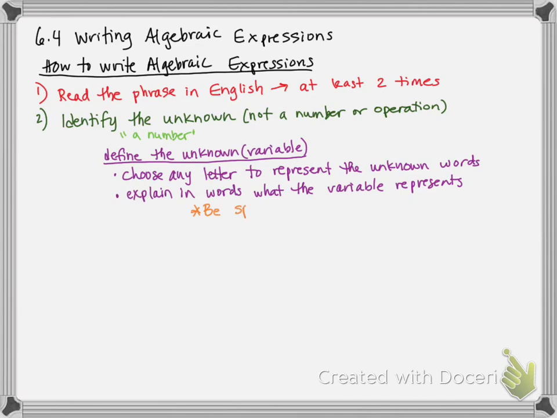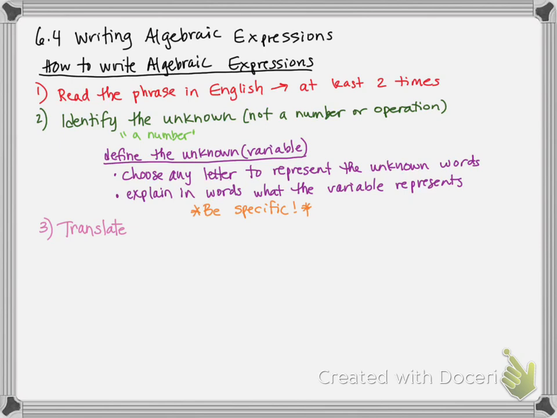Be specific. So like, for example, let's say you're trying to figure out Joni's age. So if you just said years, what does that mean? If you just said age, whose age? Okay, so be specific. Then we're going to do what's called translate. So if you're in a foreign language class, you take the words you see in English and you translate them into the foreign language or vice versa.